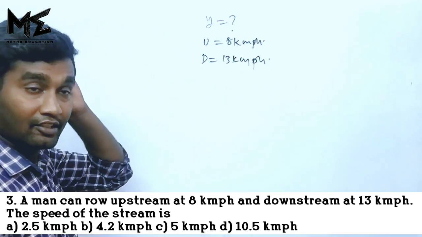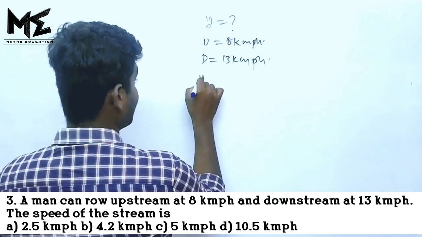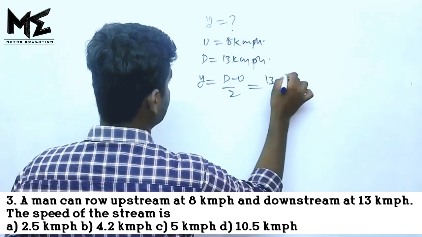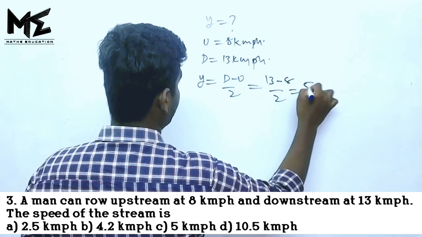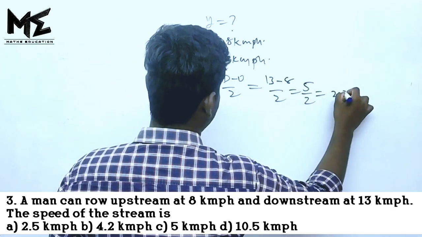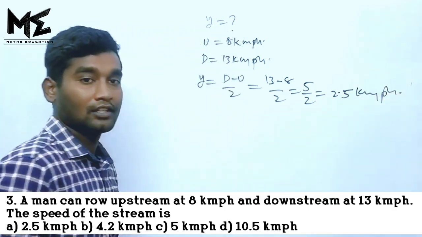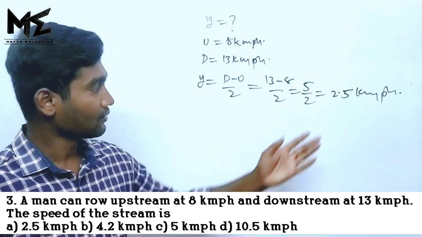So we need to find y. We have a formula y equals d minus u by 2. D is 13 minus 8 by 2, 5 by 2, which equals 2.5 kmph. So the speed of the stream equals 2.5 km per hour.